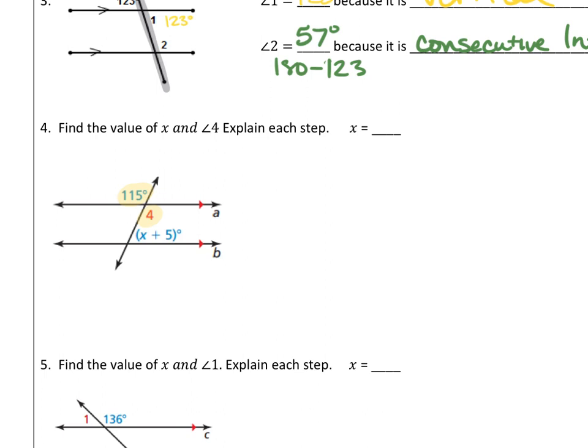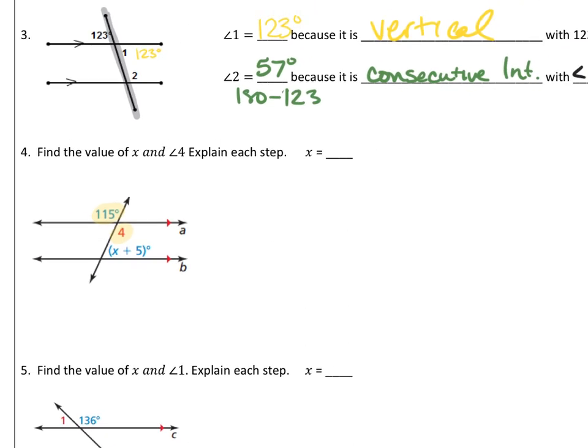Right next to the word vertical on your little document, what does it say? Equal. They are congruent. So we know that angle 4 is going to be equal to 115 degrees due to the fact that they are called vertical angles.